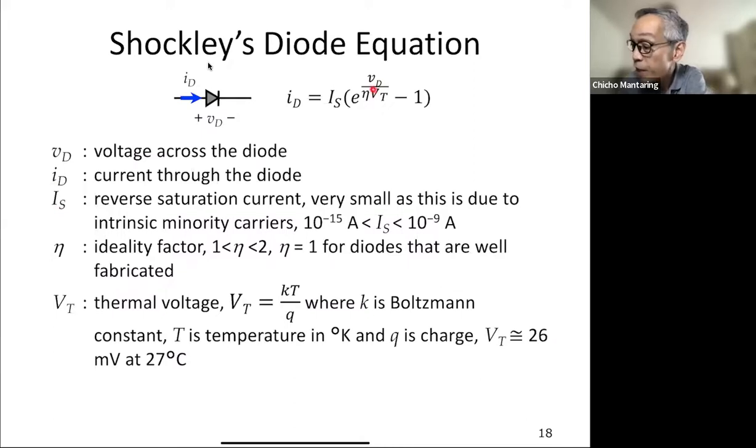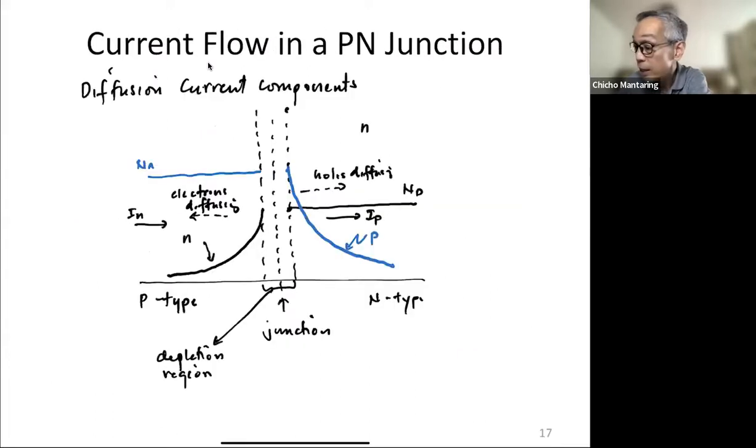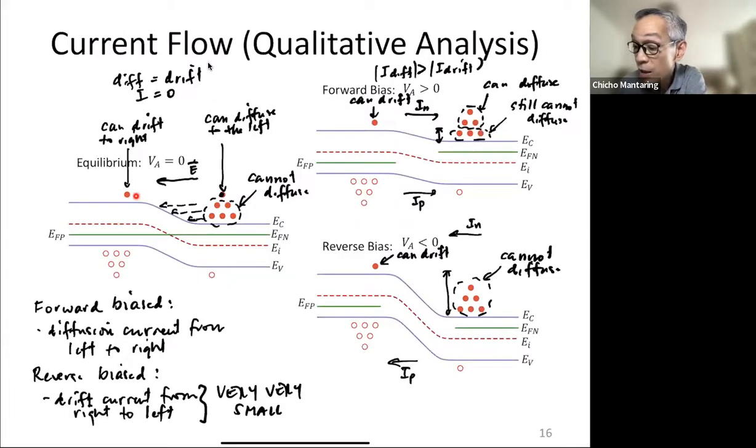Take note that if V sub D is negative, and if it is a relatively large value, the exponential term will be approximately equal to 0, and I sub D will be equal to minus I sub S. No? So this is your reverse saturation current, and this is the one due to drift.